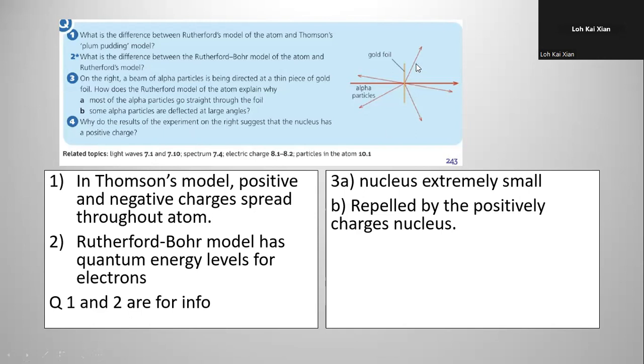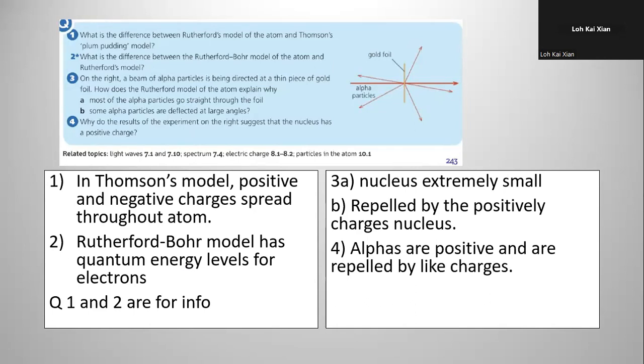This one comes too near the nucleus, so it's repelled. The path is changed. This one is more of a direct hit on the nucleus. So the nucleus is very small and massive, very small compared to the atom.